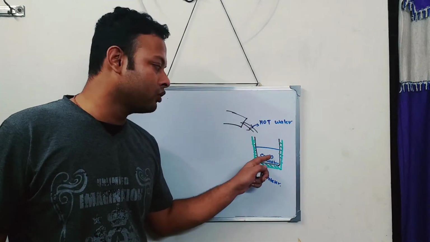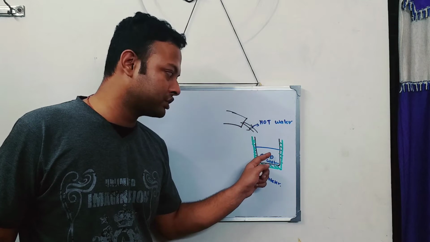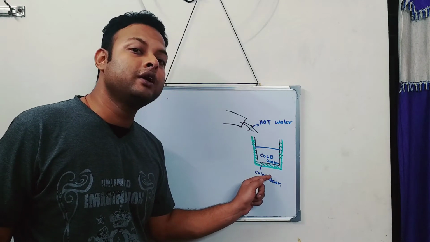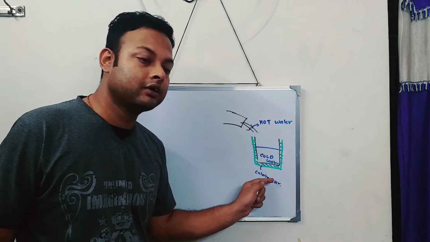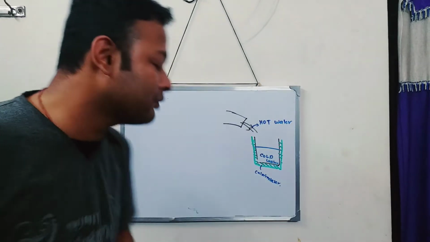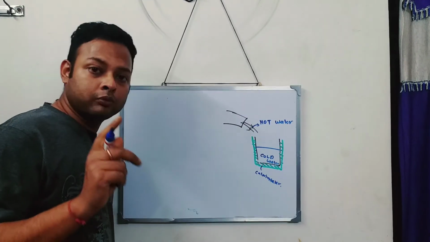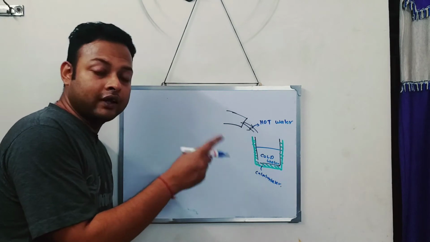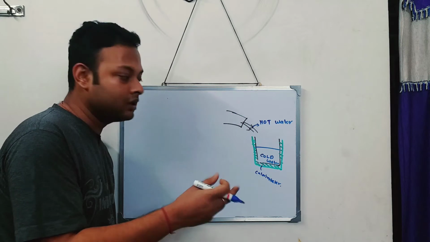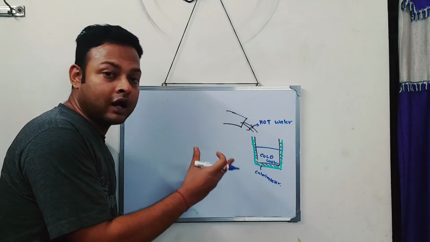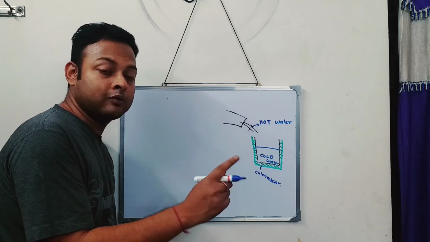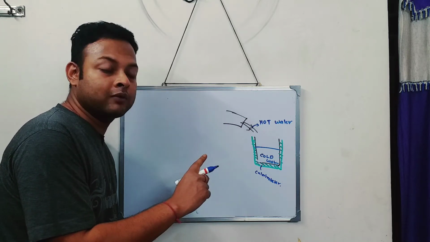The cold water absorbs or extracts the heat from the hot water. Along with that, this calorimeter will also be taking a certain amount of heat. I am explaining this because in one or two sums of your book, the final expression with the calorimeter is also considered. So when we do numericals, this concept will be useful. At that point, I will ask you to refer to video number 4, where I have explained this part.